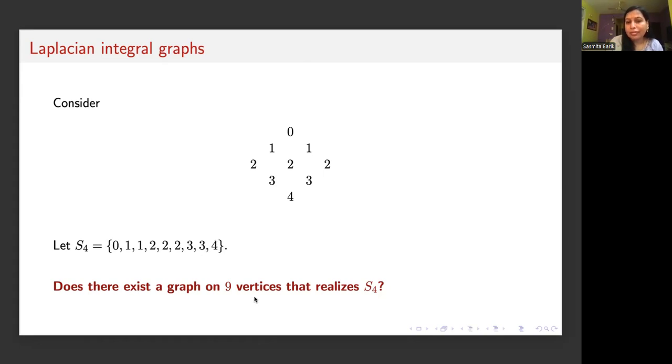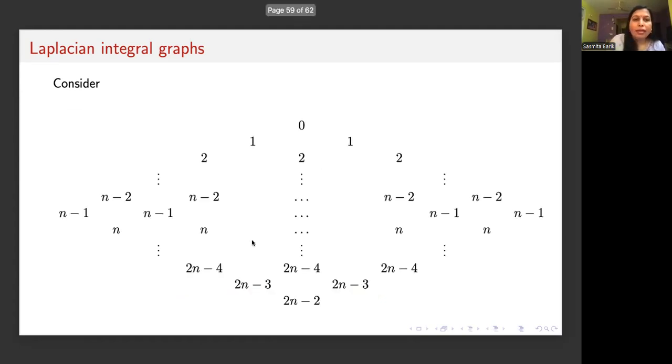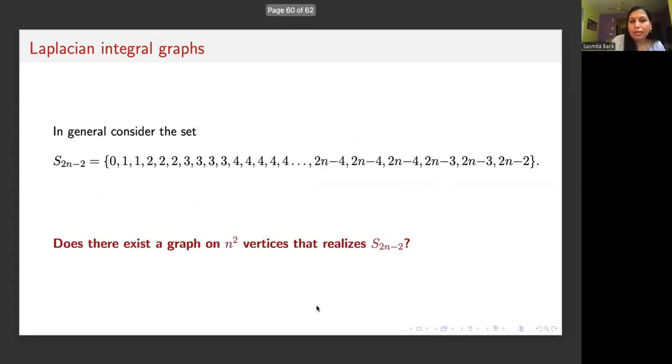So does there exist a graph on 9 vertices which has S4 as the spectrum? Okay, this is a question. And in general, I can do it like this: I'll start with 0 and then 1, 1, then 2, 2, like I can proceed, and the last number will be 2n minus 2. Okay, so I can take the set as S_{2n-2}. So my numbers will be like this.